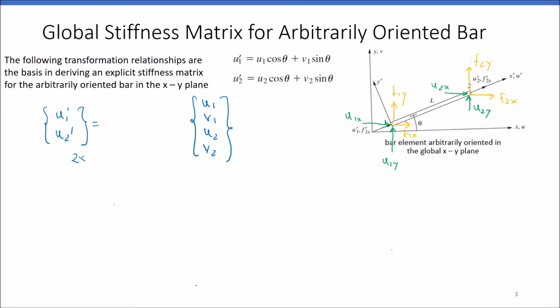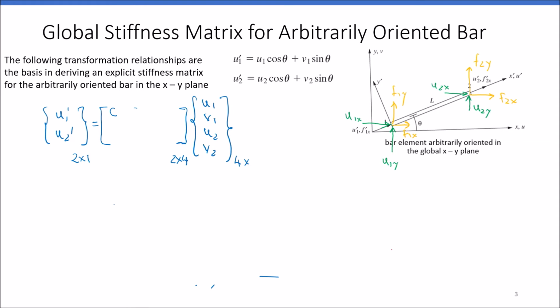Clearly this is a 2 by 1, this is a 4 by 1. So we expect now some sort of a transformation matrix here that is going to have to be a 2 by 4.